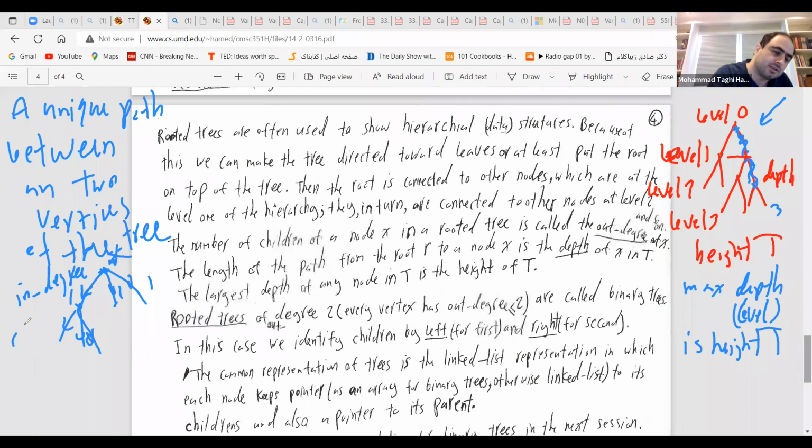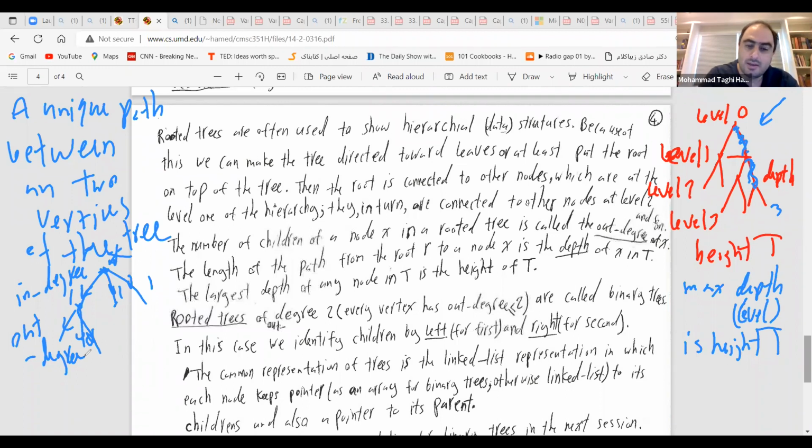So in-degree is essentially the number of vertices coming to a vertex, and out-degree is the number going out. This you can define generally for any directed graph: in-degree versus out-degree.